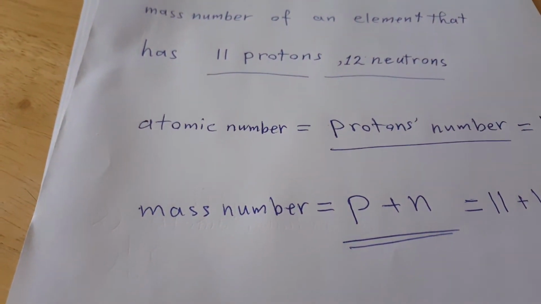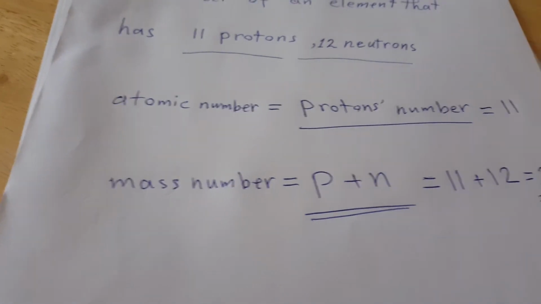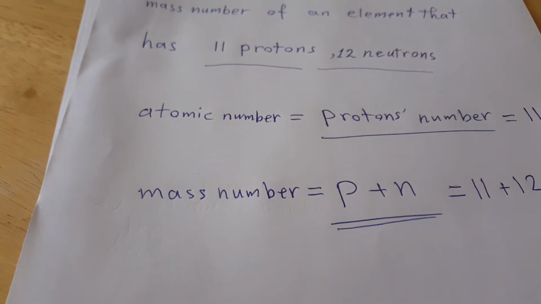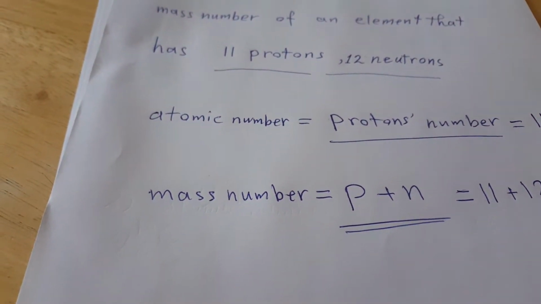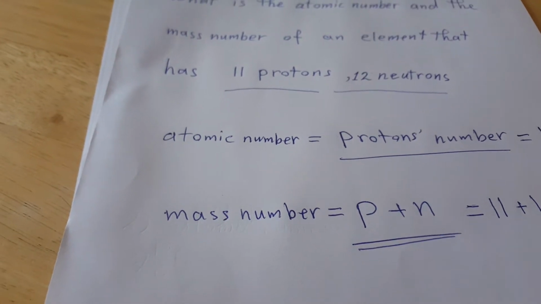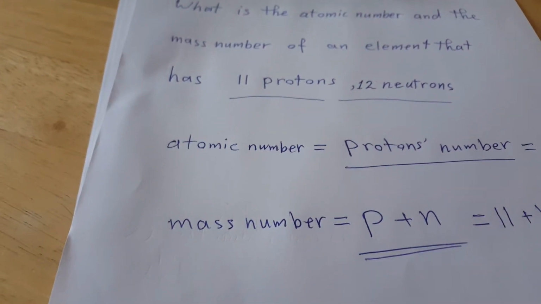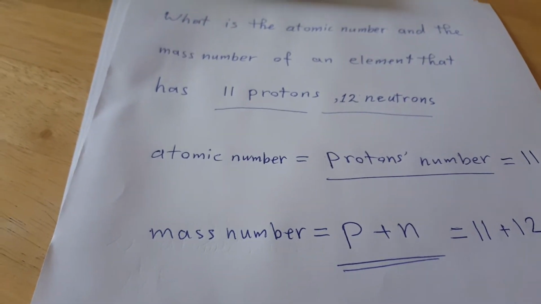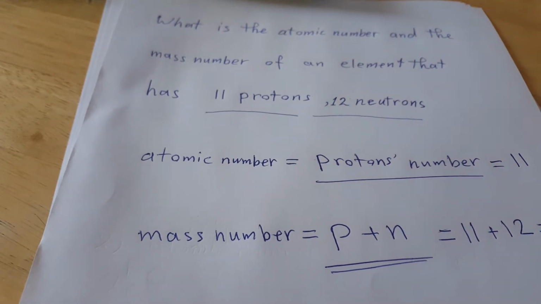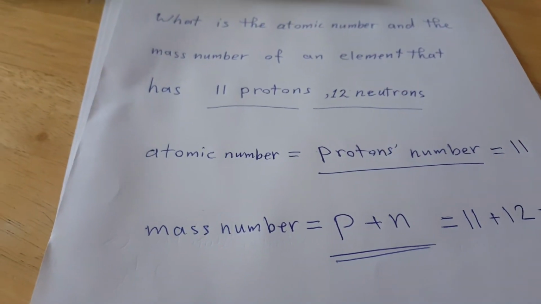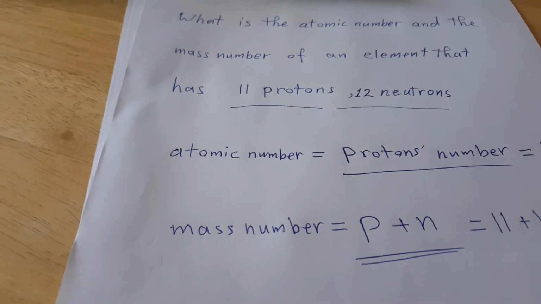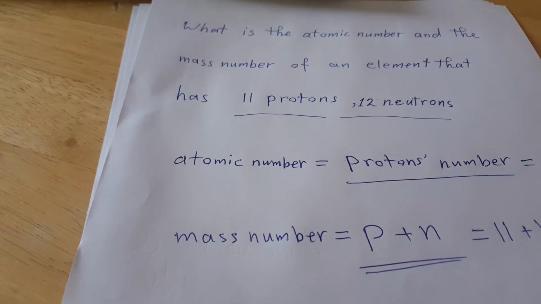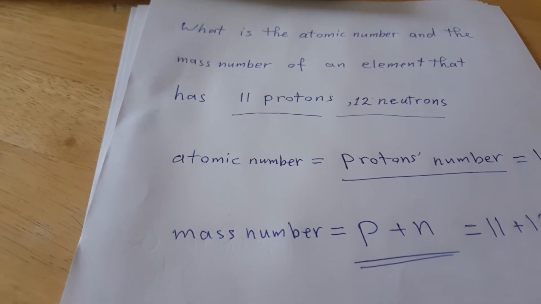Mass number is exactly in one atom the protons plus neutrons, but the atomic mass in the element is the average mass number for all of the isotopes. We talk about that in the beginning of this lesson, of periodic table. Okay, this is very important. There is difference between mass number and the atomic mass for an element. The atomic mass of an element is the average of the mass number of all of the isotopes.